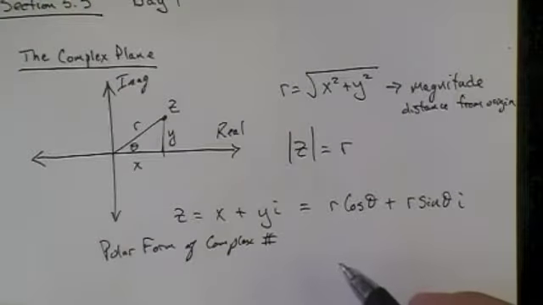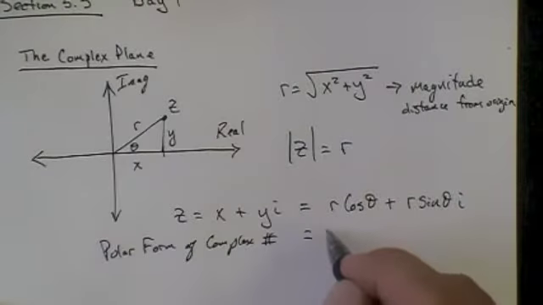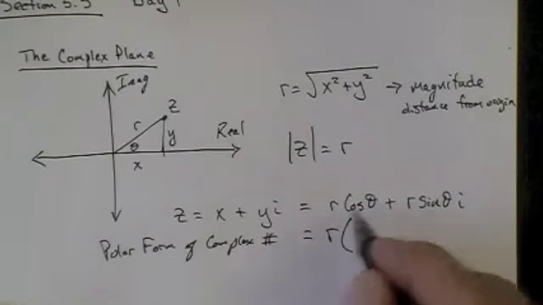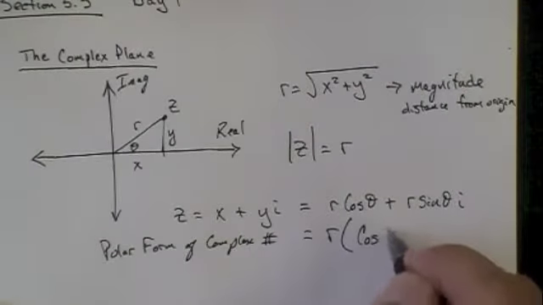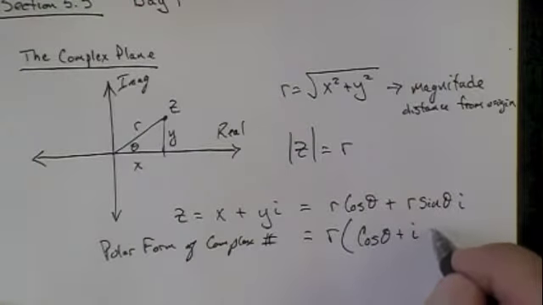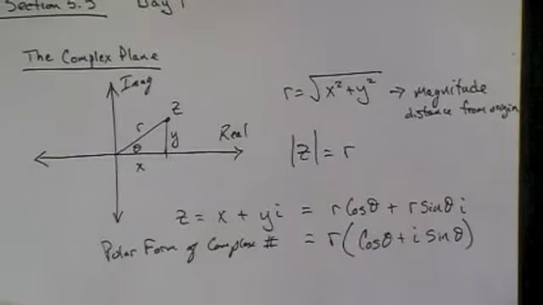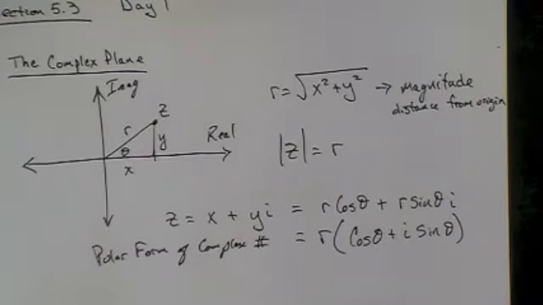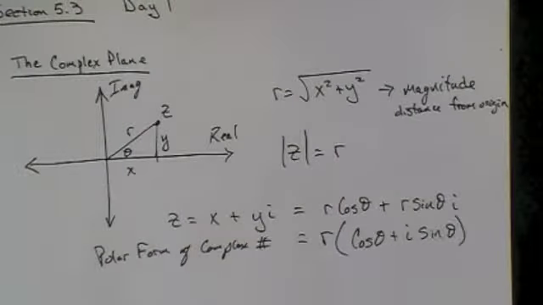So we can write this as, factor out our r there, we have cosine theta, and then we move the i to the front here, and it's sine of theta. So that would be our polar form of a complex number.